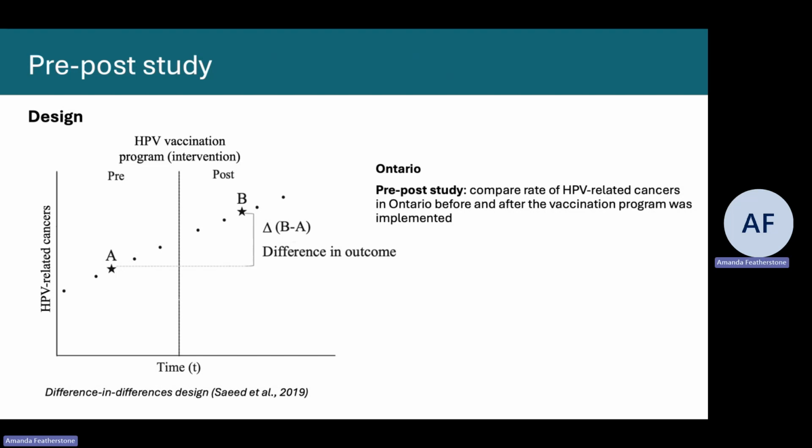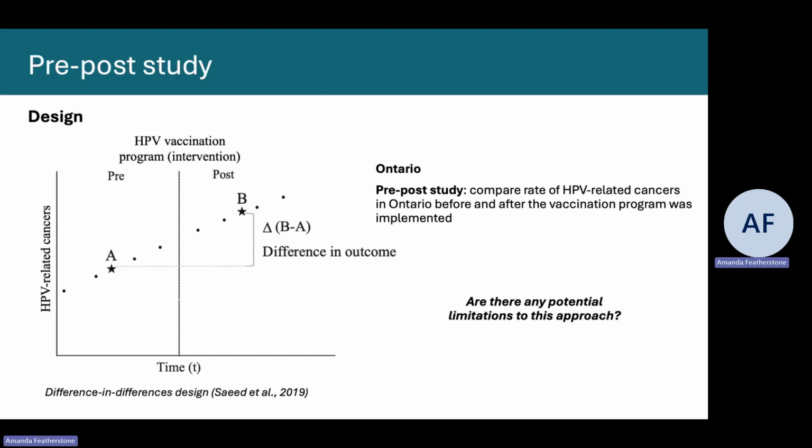So to study whether implementing an HPV vaccination program helped to prevent HPV-related cancers, we could conduct what's considered a pre-post study, in which we examine the rate of HPV-related cancers before and after the implementation of the vaccination program. We could, for example, subtract the difference in rate to examine the effect of the intervention.